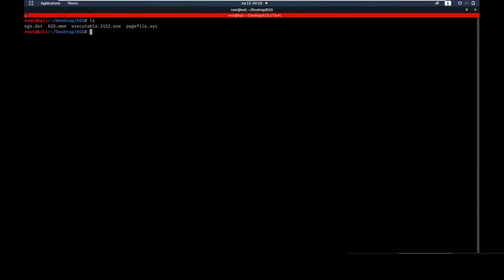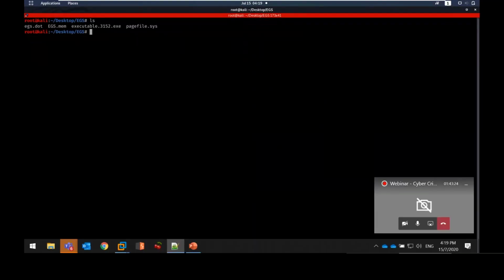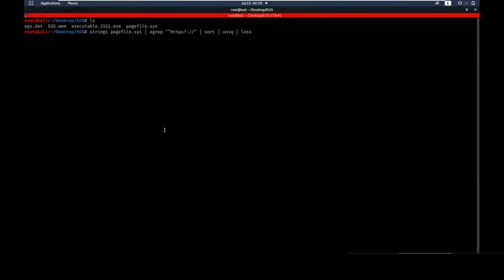I'm just going to use the strings command of Linux. It is a very simple analysis of the page file. Like Yara scan, the strings command helps me grab all the HTTP, to find it in the page file.